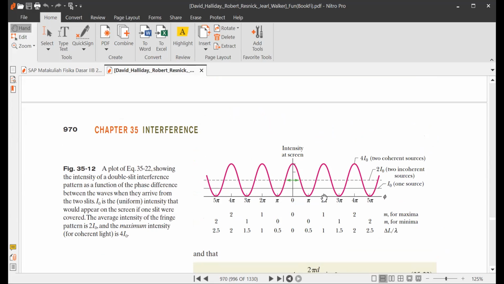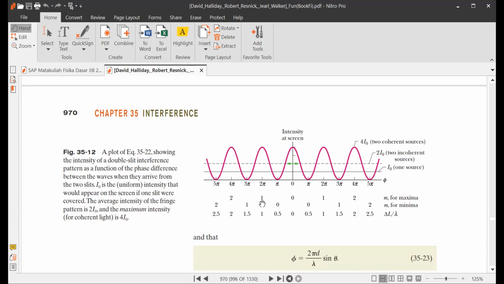This is the first, this is also the first. This is the second, and this is also the second. So this is zero, the zero dark fringe, the minima fringe. This is the first, and this is the second.